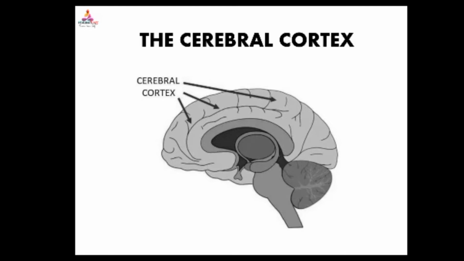In general, each cerebral hemisphere controls the opposite half of the body. That is, it sends motor commands to and receives sensory information from the contralateral half of the body.